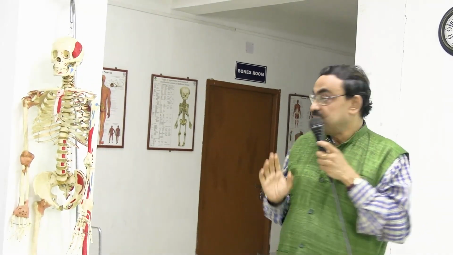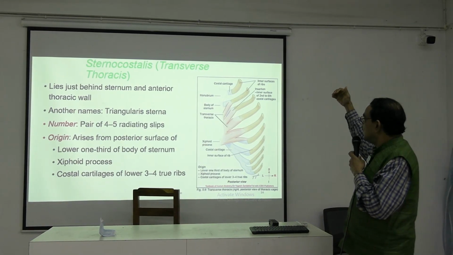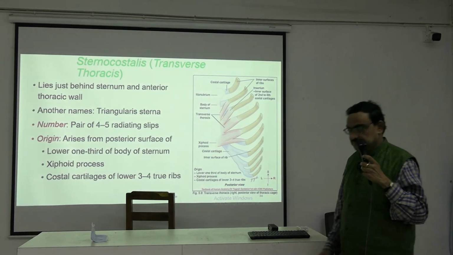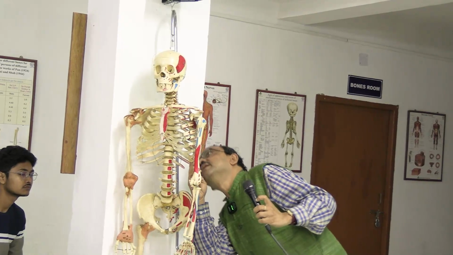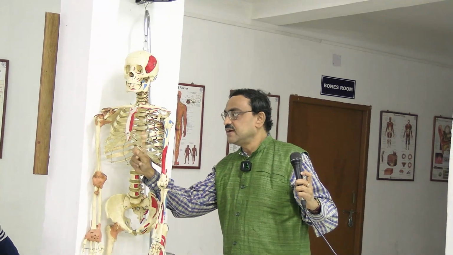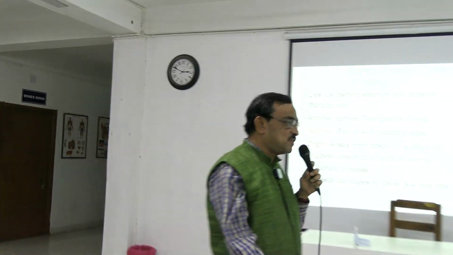So these are the muscles, and there are also some muscles which take origin from the sternum and are inserted into the ribs. This is the view from the back, that is, I am looking from here. This is the sternum and the ribs.